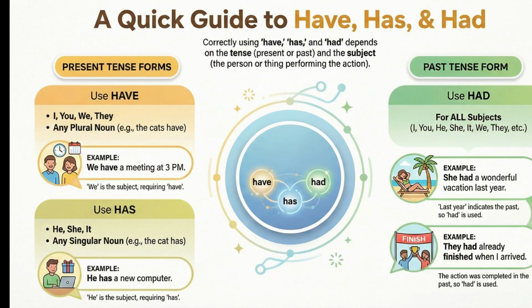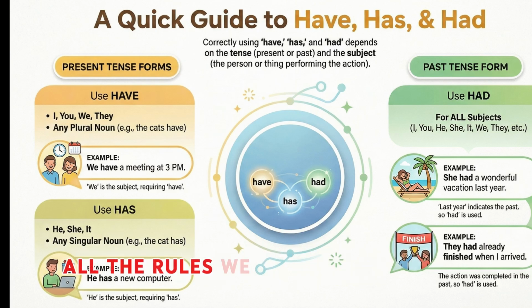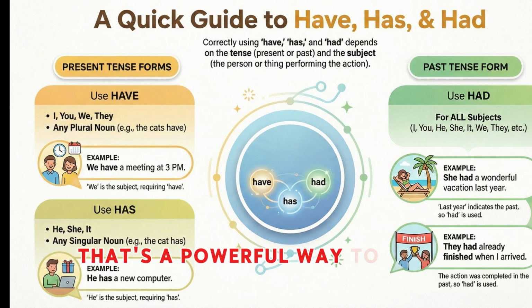Right. The guide forces you to mentally deconstruct that contraction back into its full form. And the moment you do that, all the rules we just talked about, subject-verb agreement, tense, they all just click back into place. That's a powerful way to think about it.